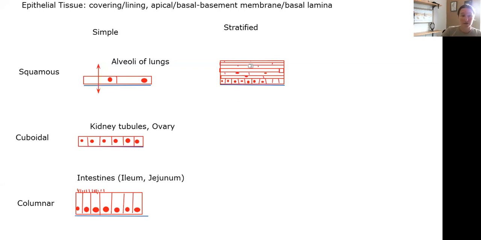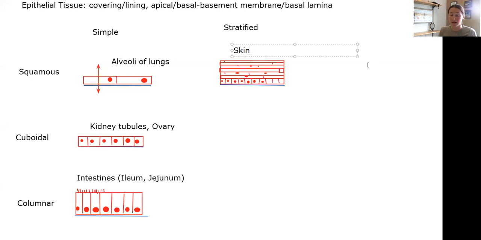Essentially what this tissue is good for is serving as more or less a disposable protection for your body. So for example, your epidermis, the outermost layer of your skin, is made of stratified squamous epithelial tissue.